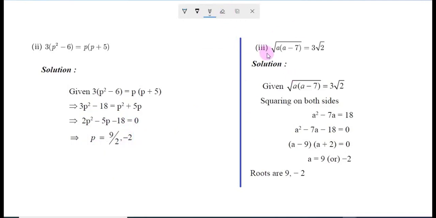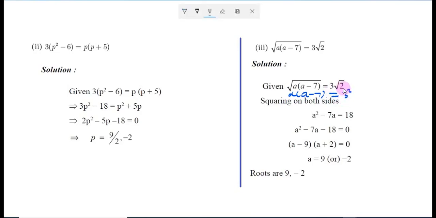Okay, now subdivision 3. Root of a into a minus 7 equal to 3 root 2. Okay, with this square root, we can't do anything, so we should remove this square root. How can I remove it? By squaring on both sides. So when we square, this will be a into a minus 7 equal to 3 square, value 9.